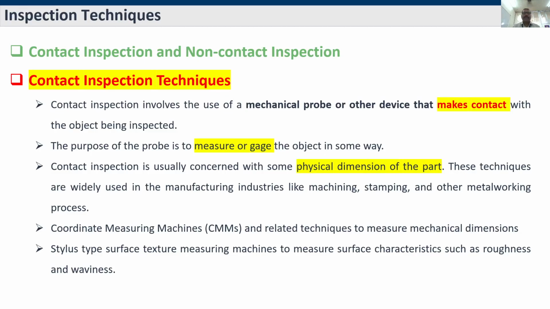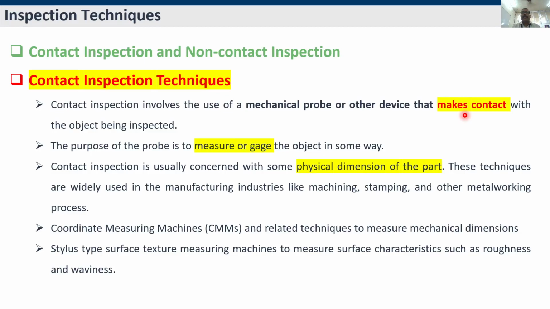Contact inspection means there should be a mechanical probe that makes physical contact with the object. The purpose of the probe is to measure or gauge. It performs two operations, one to measure, another to do the gauging.